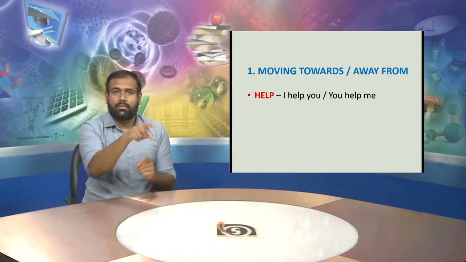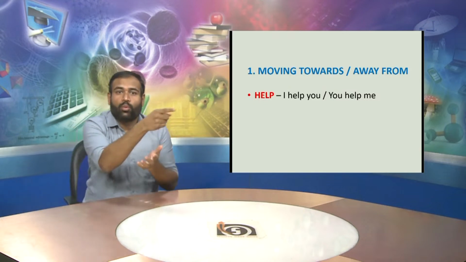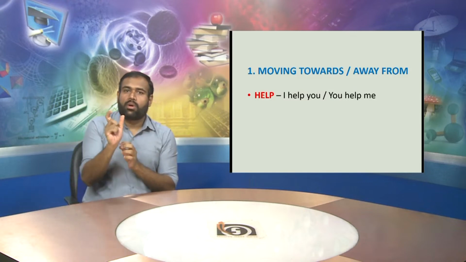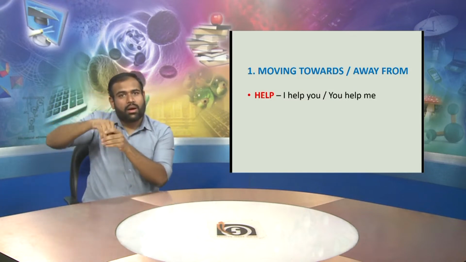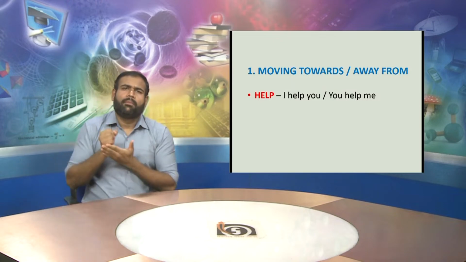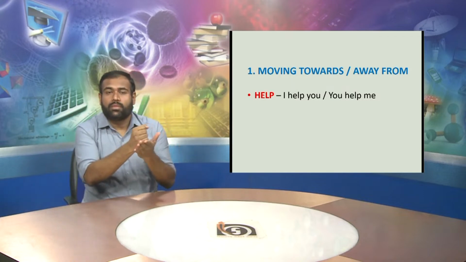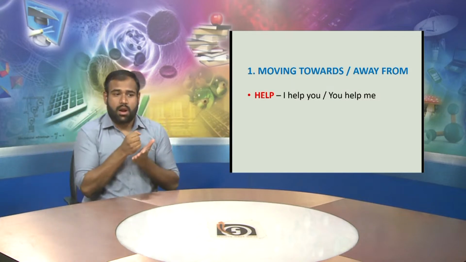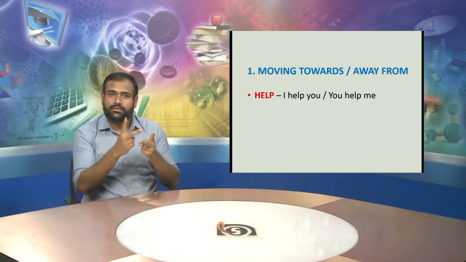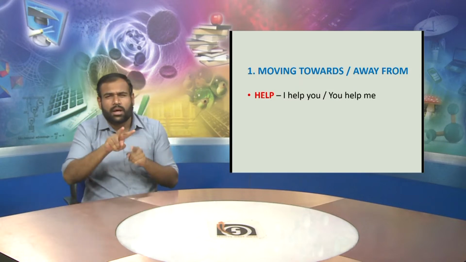See the direction, it is moving towards and sometimes moving away from me. It is helped me. So, see the direction inside itself explaining the meaning. Who is doing what? I help you. So I am using one sign with the direction towards me and sometimes away from me.